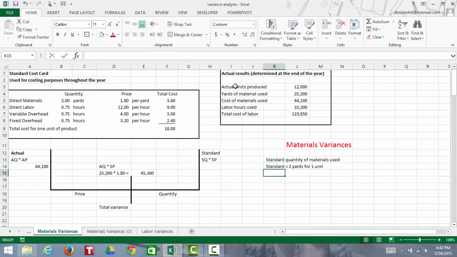Well, looking at our actuals, we actually produced 12,000 units. So the standard quantity becomes the amount of materials that you would budget given the standard cost card for 12,000 units.